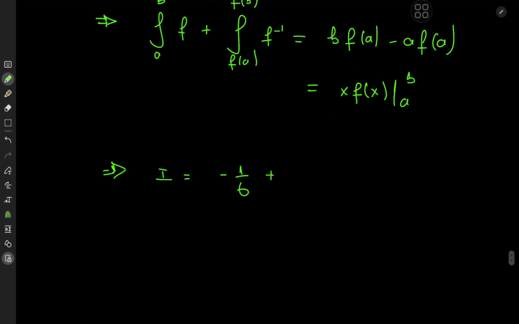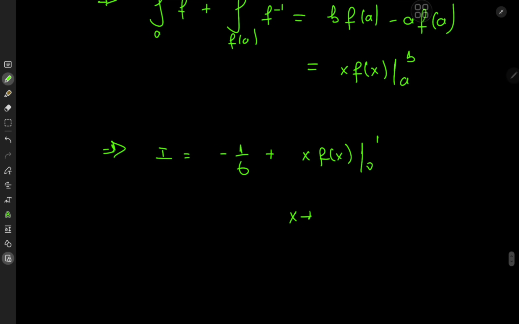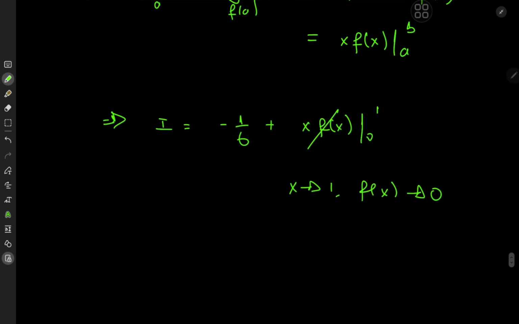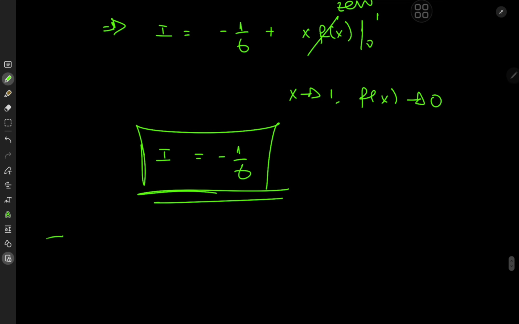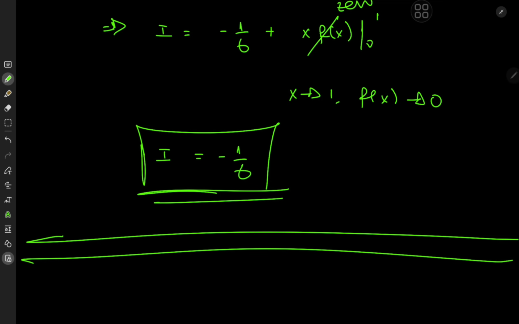And we're left with x times f of x evaluated at, well, 0 and 1. We just saw as x approaches 1, f of x approaches 0, and as x approaches 0, the whole thing collapses to 0 anyway. So we have the target integral I equal to negative 1 over 6, agreeing with the results from MIT. And that was awesome.